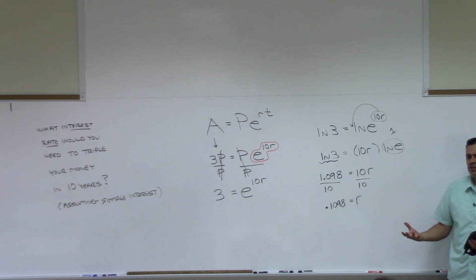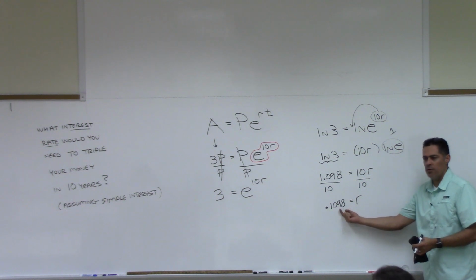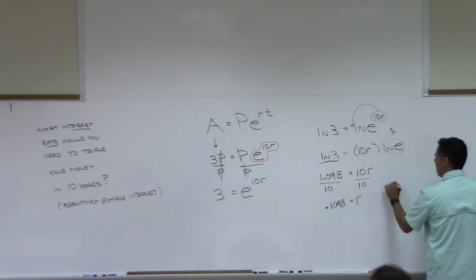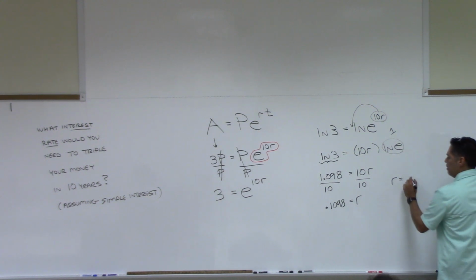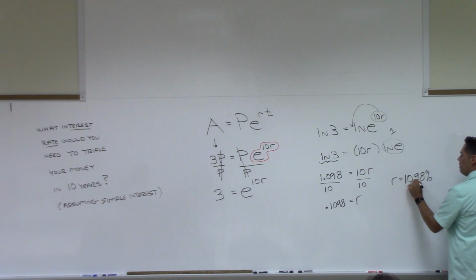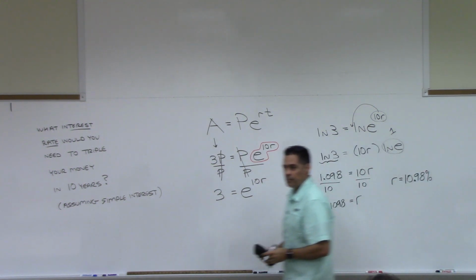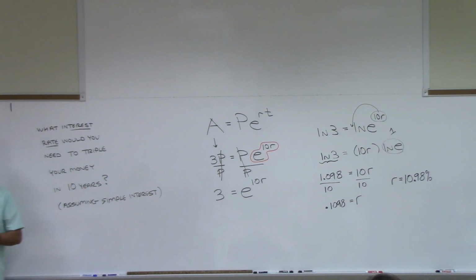What is that as an actual percentage? 10.98%. You'd have to move this over 2 places. So as a percentage, your interest rate is 10.98%. So whatever amount you put in for P, with that interest rate over 10 years, it will triple regardless.